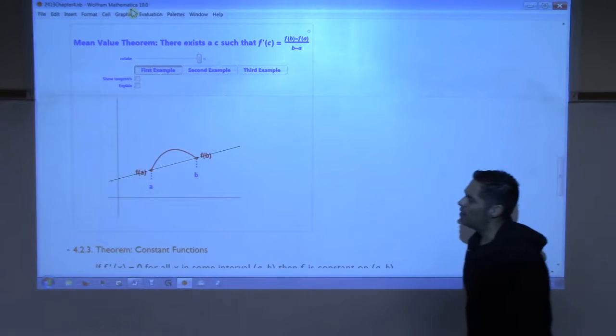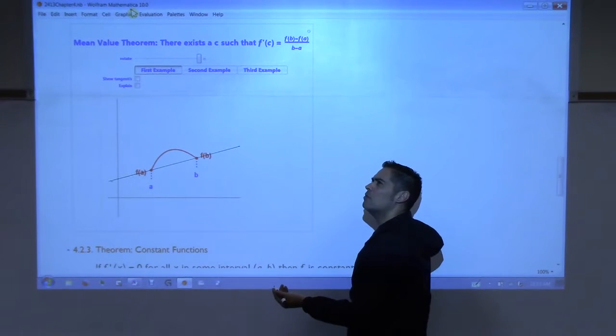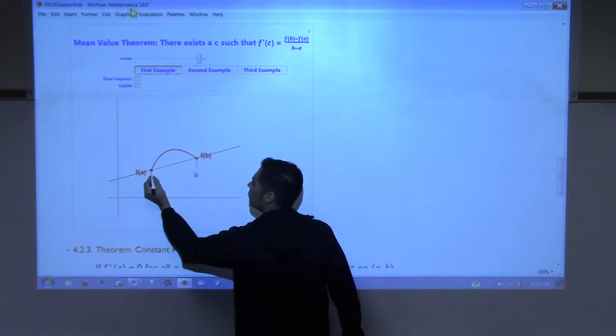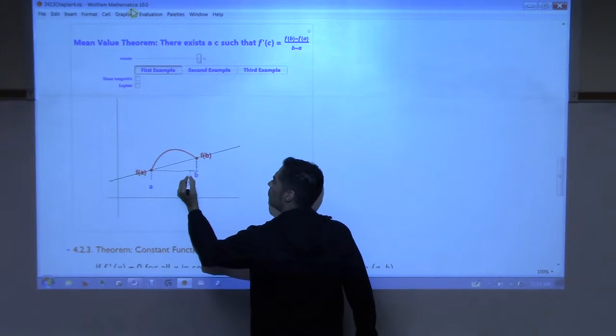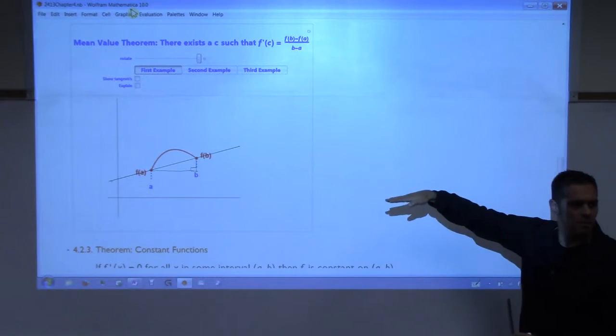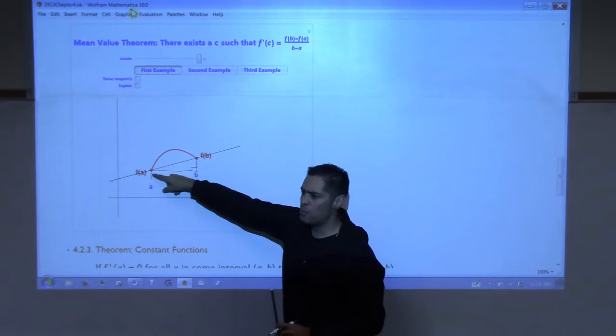What's the slope of that line right there? It is positive, but can you tell me in terms of the function? So go back, what is slope? Slope is defined to be rise over run. So can you tell me what the rise is? Isn't it this y-coordinate minus this y-coordinate?